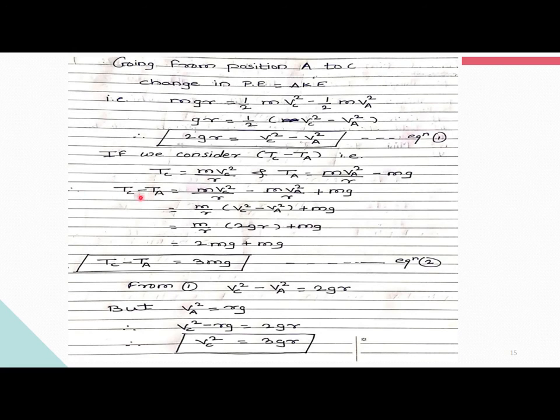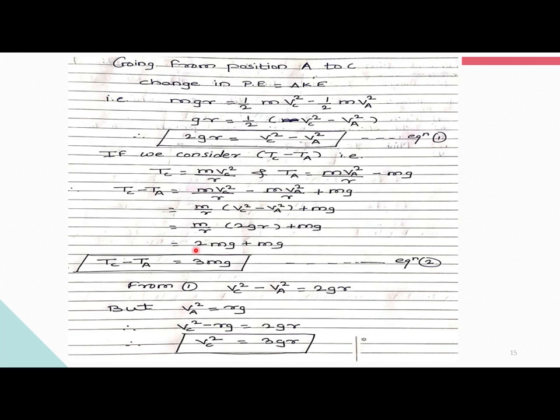Therefore, Tc minus Ta is equal to mVc square upon R minus mVa square upon R plus mg is equal to m upon R times Vc square minus Va square plus mg is equal to m upon R twice gr plus mg.